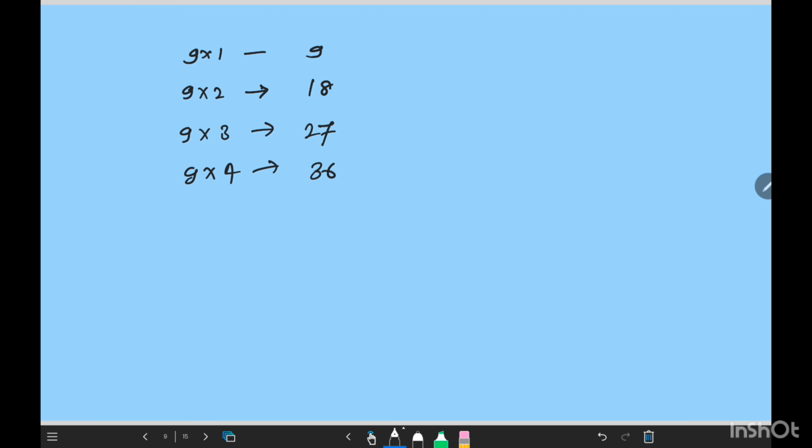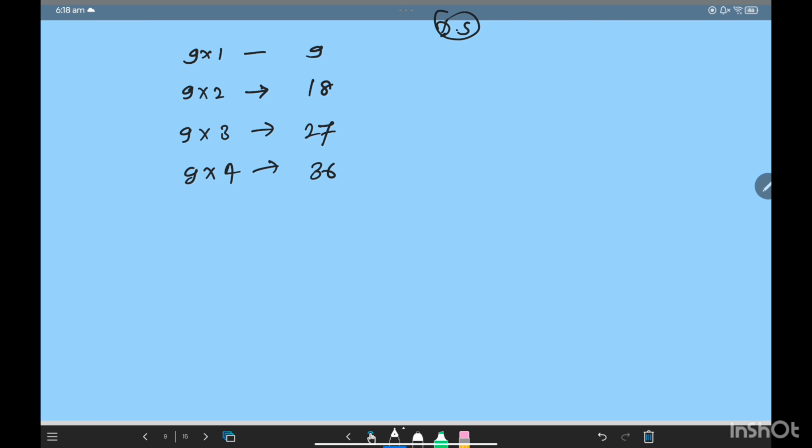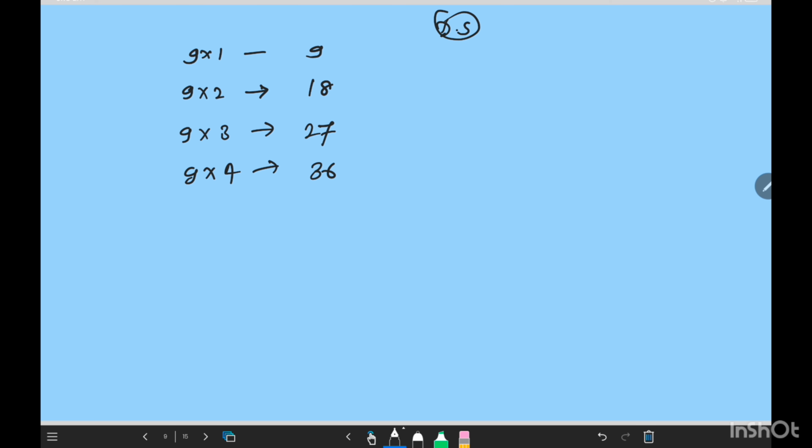And you see one interesting thing: the digital sum of all these numbers which you see here is 9. If you add this 1 and this 8, it will be 9. If you add this 2 and 7, this is 9. If you add these two digits, it is 9.